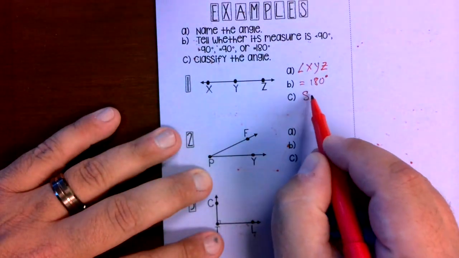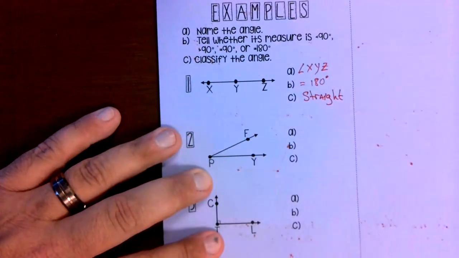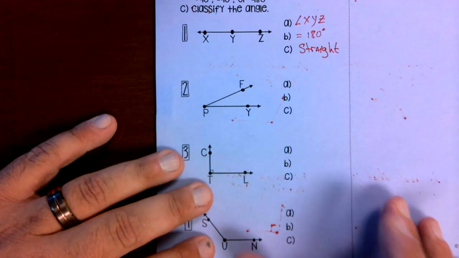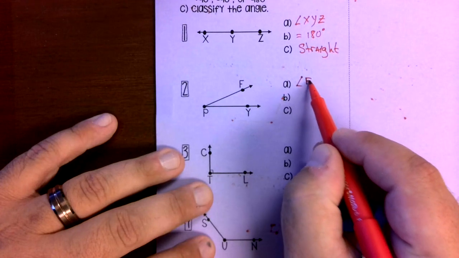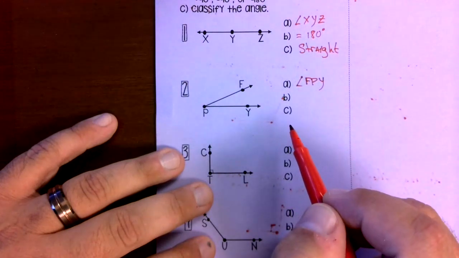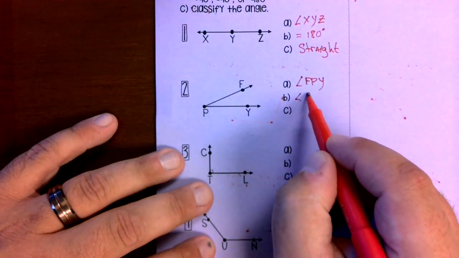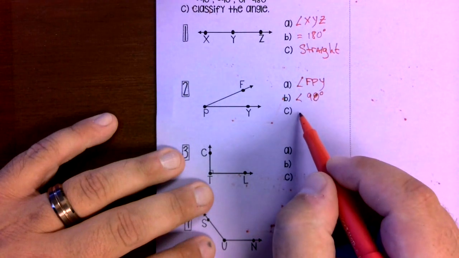And I would say that this is a straight angle. Angle number 2, I can name this angle FPY. I could say that this is less than 90 degrees. And this is acute.